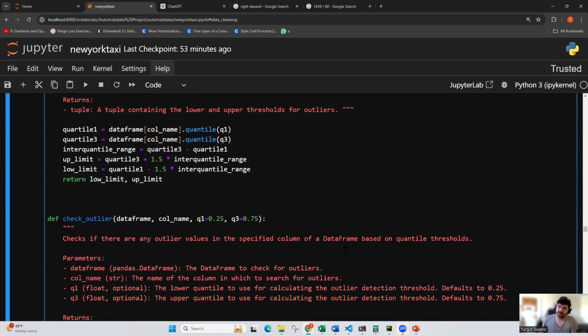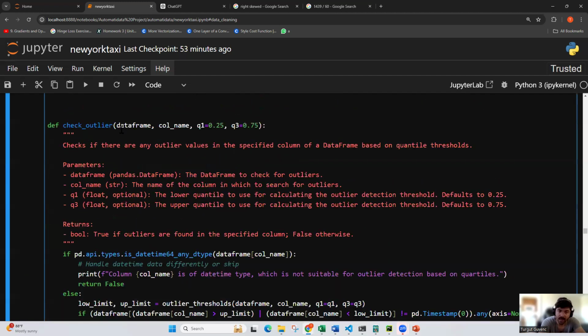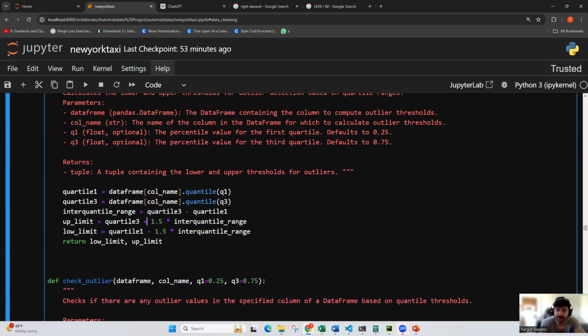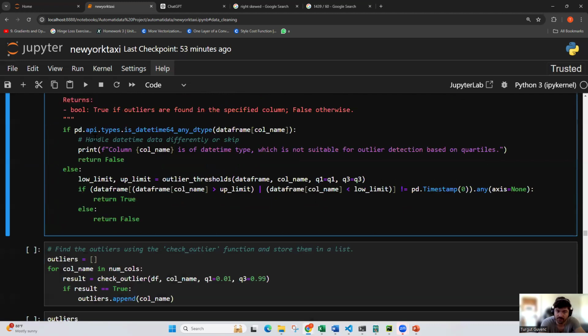As I said, this is a general method. In your business case, you can change those quantile values to whatever you want. We also have a check outlier function, where we run the outlier threshold function and get those values. This one also checks if there's a data type problem: if the data type is not numerical, it skips that value.